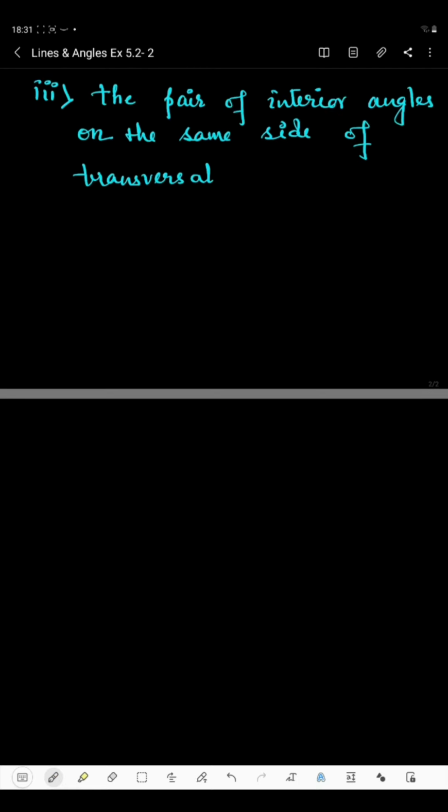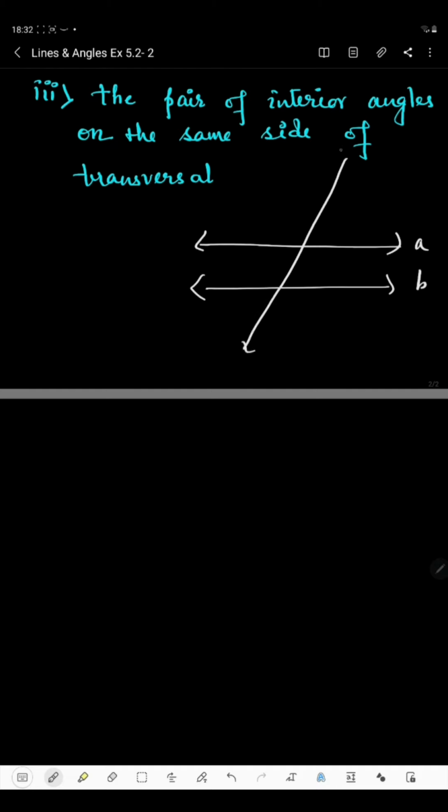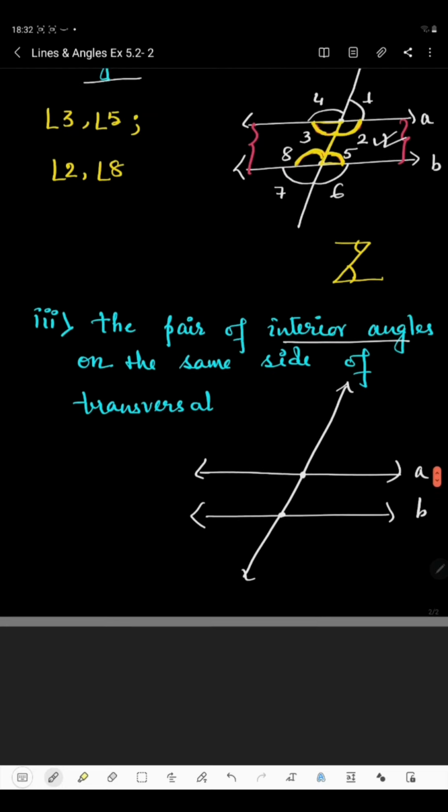Now in the third part we have the pair of interior angles on the same side of transversal. Now if I draw two parallel lines A and B and the transversal which cuts these parallel lines at two distinct points, then what are the interior angles?